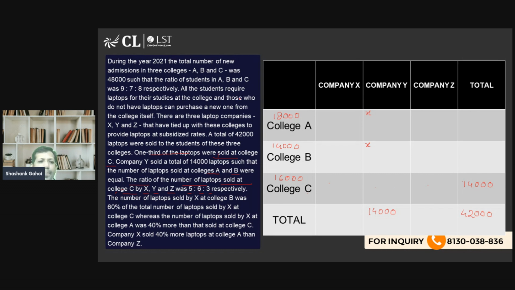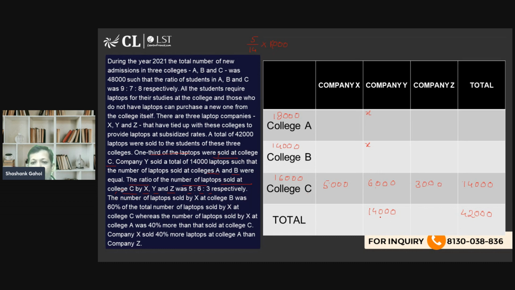So basically, 5 plus 6 is 11 plus 3, 14. So X sold 5 by 14 of 14,000 in C, right? So it is going to be 5,000 itself. Y is going to be 6,000. And I can say Z is going to be 3,000.